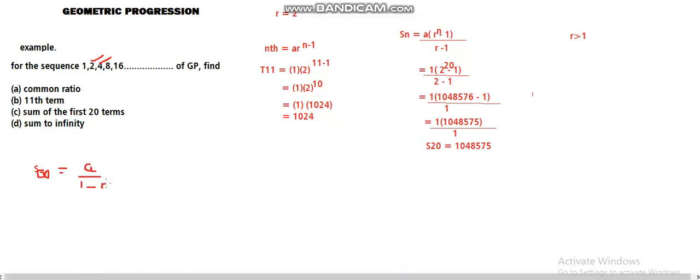Now, in this case, we use this one when r is less than 1. So a is 1, r is 2. So I'm getting 1 over 1 minus 2. So the sum to infinity is 1.